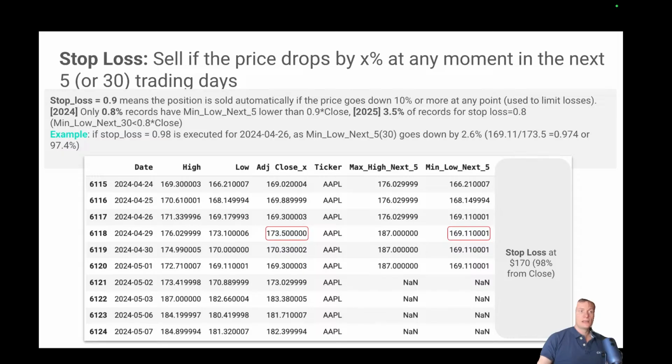But usually you say that I want to buy, say, Apple here at a limit price of 173.5, and I can attach a stop loss trade of minus 10%, so it's 155 to this trade. So if the price goes down, the system will try to execute the trade automatically and sell with a limit price of minus 10% to 173.